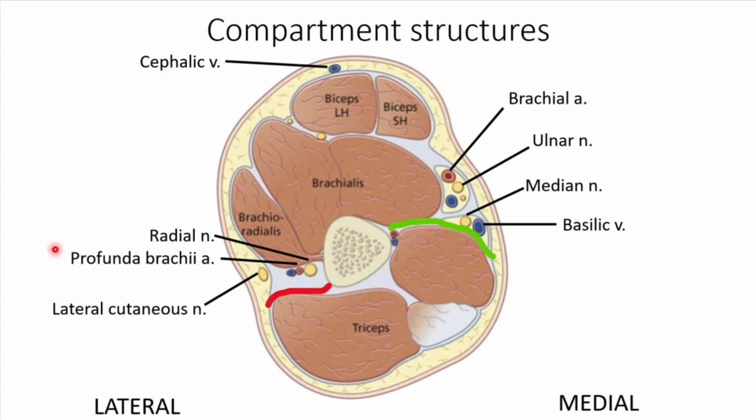Laterally, we have the radial nerve, the profunda brachii artery, and the lateral cutaneous nerve. The superficial cephalic vein can also be located within the subcutaneous tissue superficial to the anterior compartment of the arm.